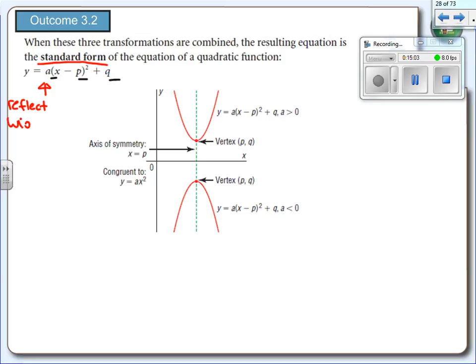That says widen or narrow. Our p-value tells us if we're going left or right. And our q-value tells us if we're going up or down.